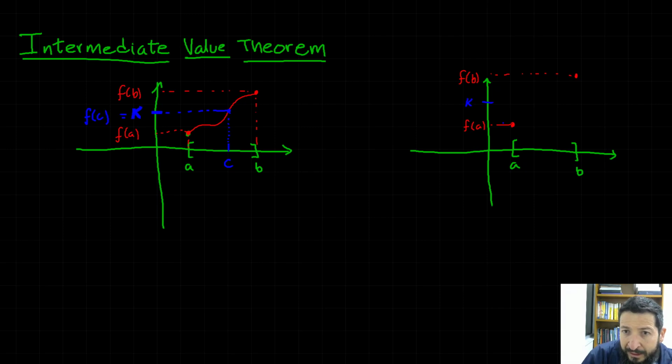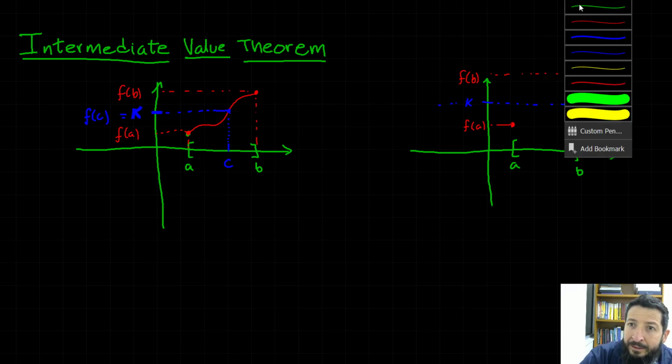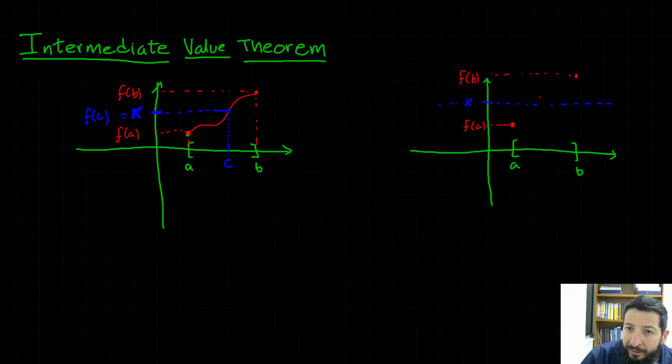And you say, well, the function goes from here to here, at some point it has to go through and intersect this line y equals k, right? Makes sense, correct? Sure, why not? Let's make it fail. So we stop here and take a little jump and keep going. And that function right there is not continuous at this value.